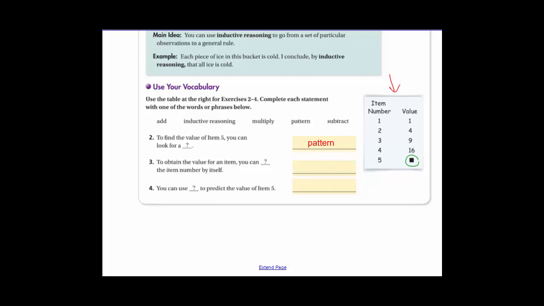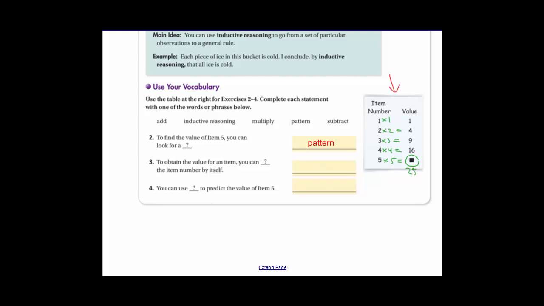To obtain the value for an item, like number 5, how do you get the answer? This one might be a little hard to see at first. This one looks like nothing happened. But if you did 1 times 1, you would still get 1. If you did 2 times 2, you would get 4. If you did 3 times 3, you would get 9. And 4 times 4 would give you 16. So it makes sense that 5 times 5 would be 25, and that's the missing number.